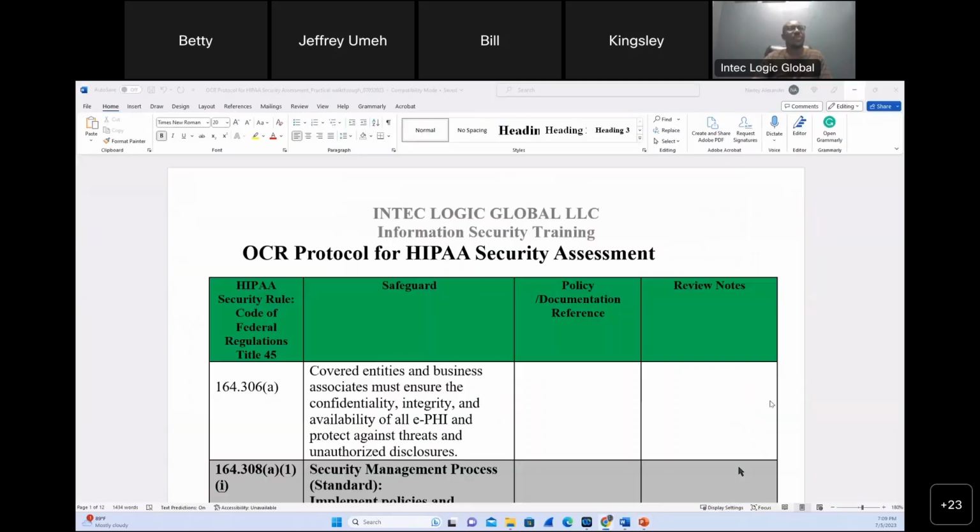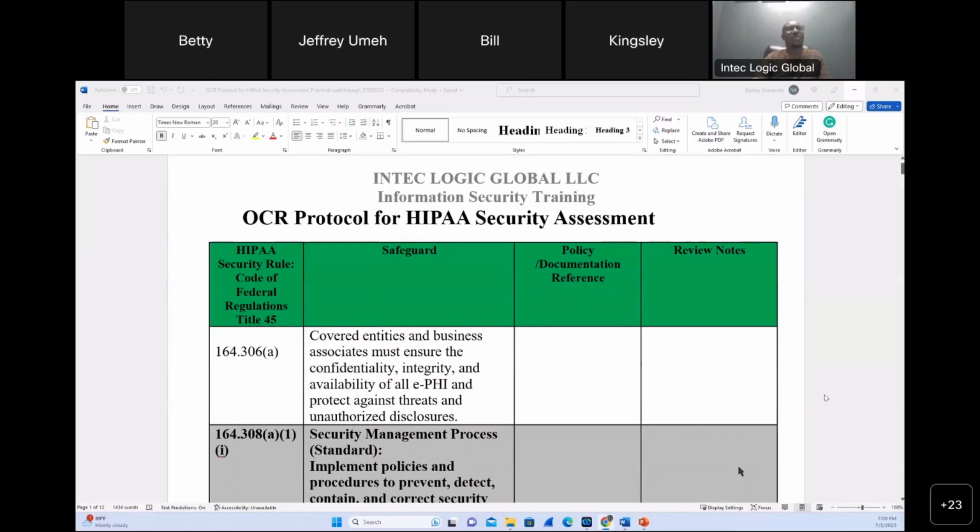We're going to go through and ask ourselves what type of documents. So we're going to ask, like, we're performing a HIPAA assessment on a covered entity, right? A covered entity that must comply with HIPAA. So we're performing a security assessment on them.